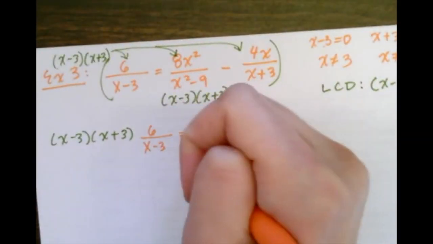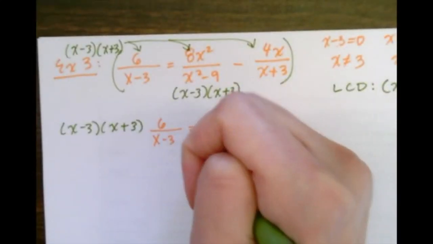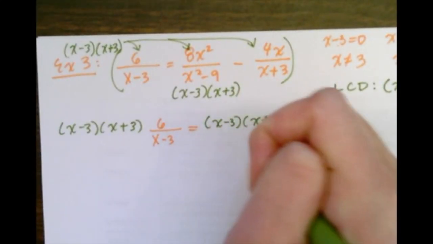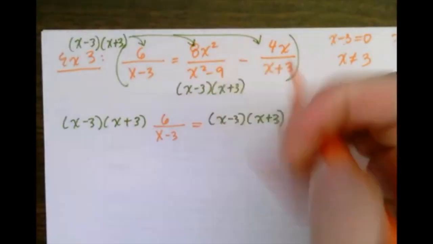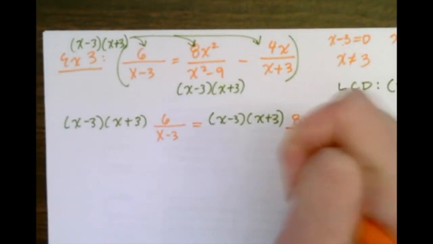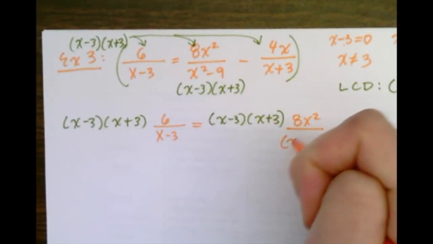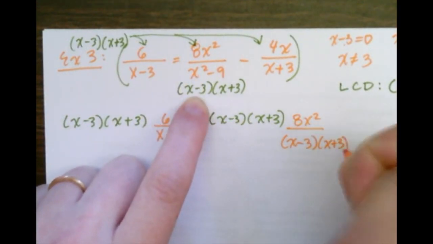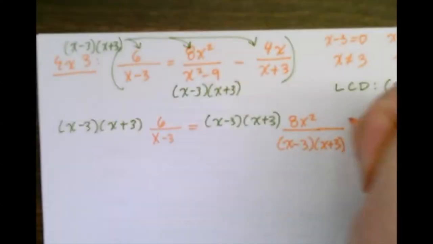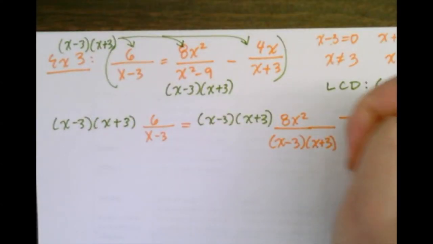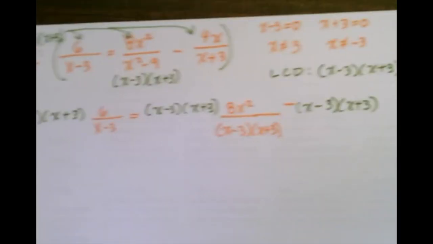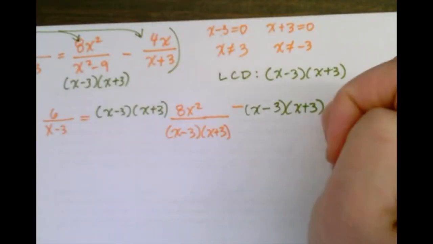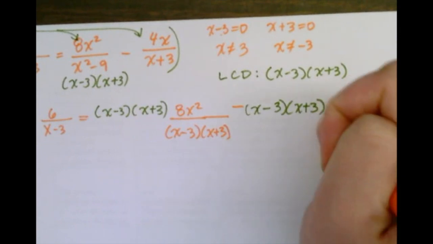Is equal to, then I'm going to just quickly write it out, x minus 3, x plus 3. And then this is 8x squared over, well, I'm going to write that in the factored form, might as well, because it'll be easier to see what cancels. Minus x minus 3, x plus 3. And then I have my 4x over x plus 3.